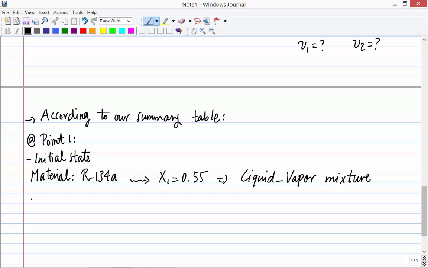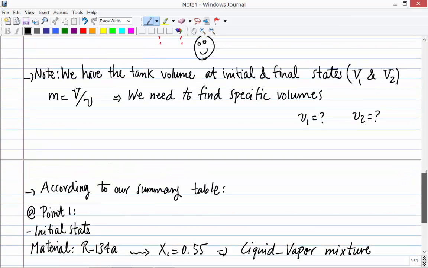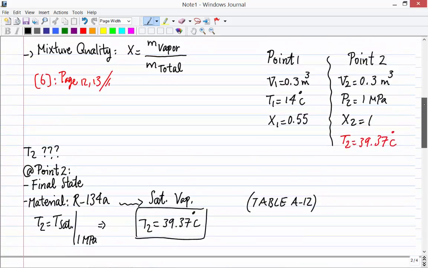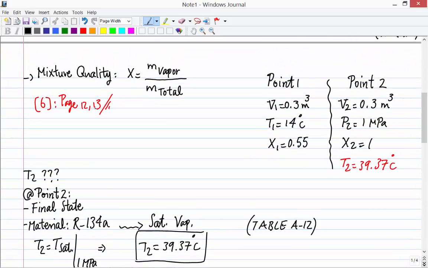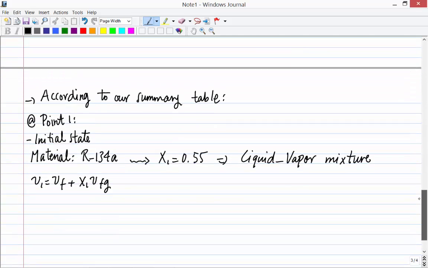And I can solve for v1 this way: Vf plus X1 Vfg. If you check these slides again, notes 12 and 13, you'll see what I'm talking about.